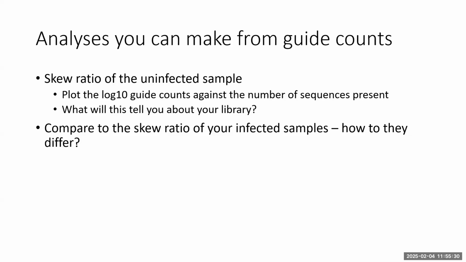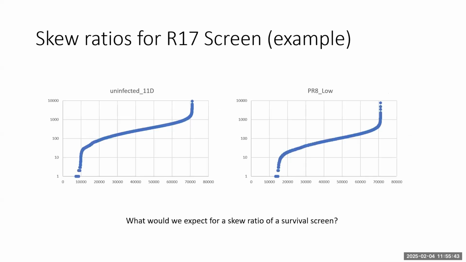So what you're aiming for, perfection, would be 300 in a straight line. But what you tend to see is a bit of skewing, and you're hoping that the skewing is not too massive. This is kind of what it looks like for a reasonably good experiment, and this is the one we did, and then afterwards you've got the sorted population here.